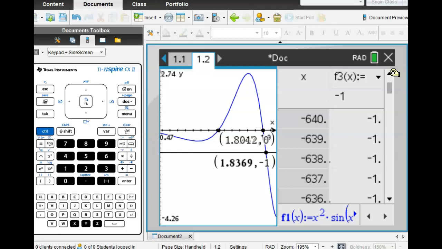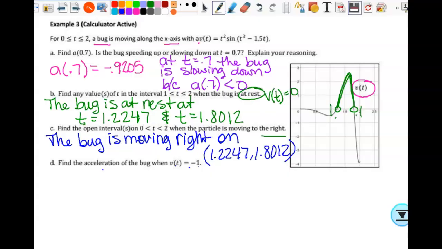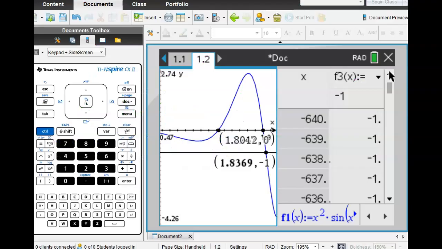So now, since we have that, that's the time. Let's refresh our memories on what we're doing. This is the time where the velocity is at -1. Now I want to know what the acceleration is. So I'm going to take that stored value and find the acceleration. Where's my acceleration function?